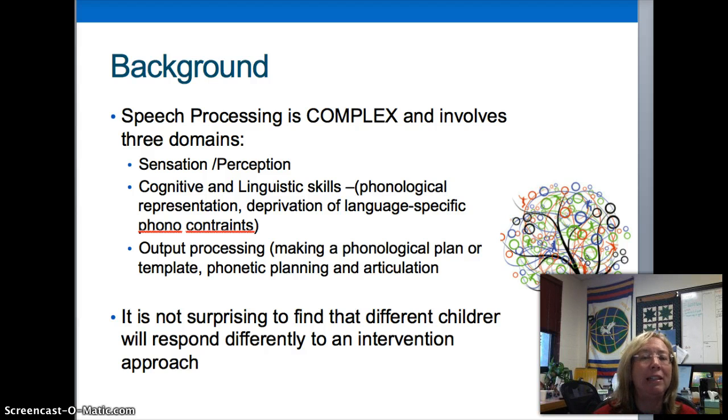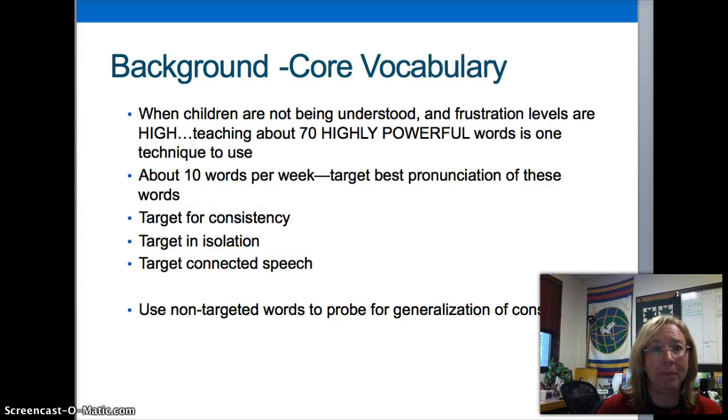So it's not surprising, when you think of how complex this system is, that some children have a problem and don't learn to speak the sounds that they need to. But more than that, some of these kids don't respond to the typical ways we try to treat them for speech and language therapy.